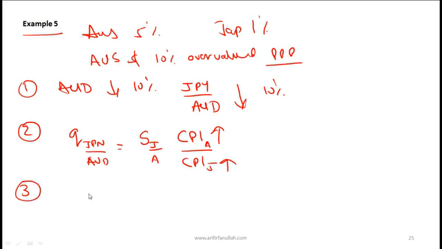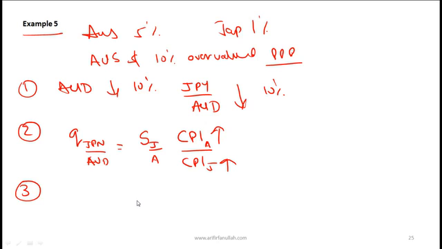Question number 3. If real interest rates in Japan and Australia were equal, so this is essentially saying that the international Fisher effect holds. So if real interest rates are equal, then under the international Fisher effect, the inflation rate differential between Japan and Australia would be closest to what?